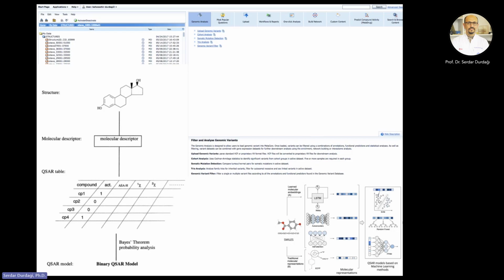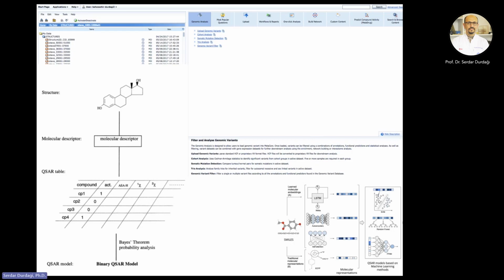We have a structure, which in the 2D QSAR we are using means just 2-dimensional structures. It can be represented with SMILES codes or SDF codes, the bonded representation of the molecules.